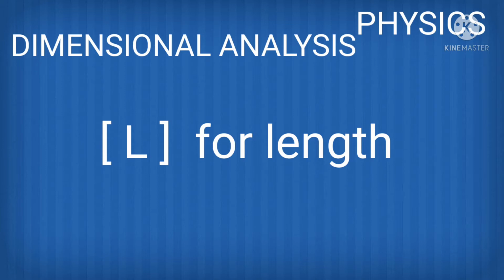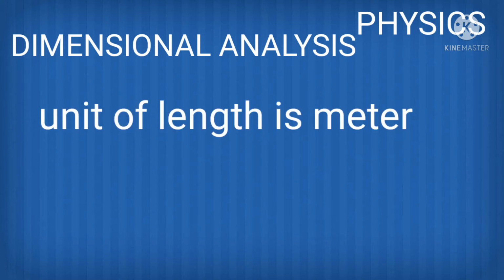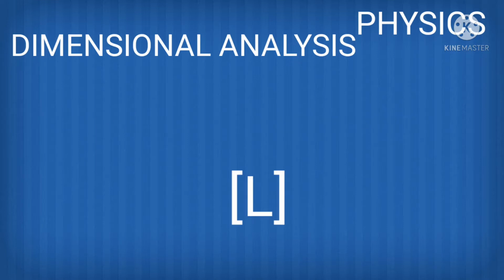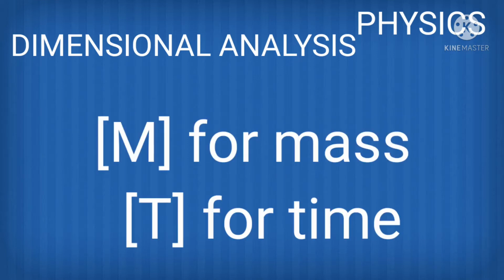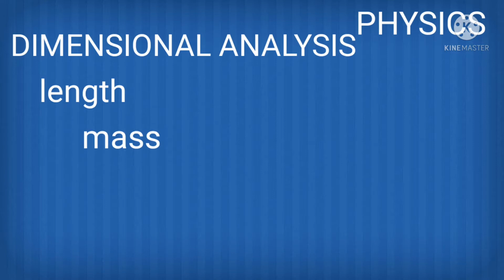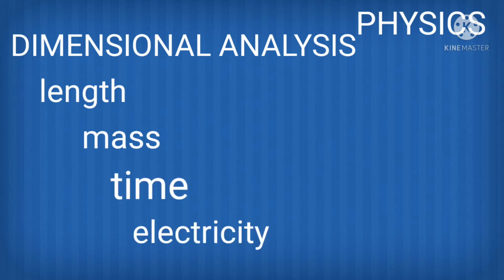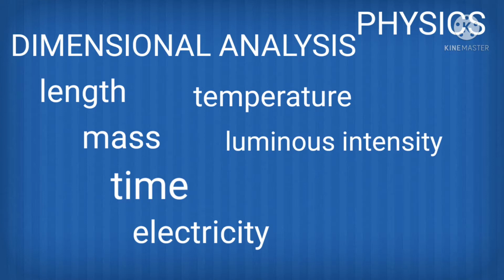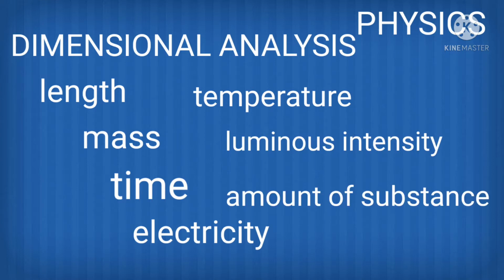We know the unit of length is meter, but the dimension is L within brackets, M for mass, T for time. And we have 7 fundamental quantities. What are they? Length, mass, time, electric current, temperature, luminous intensity and amount of substance.